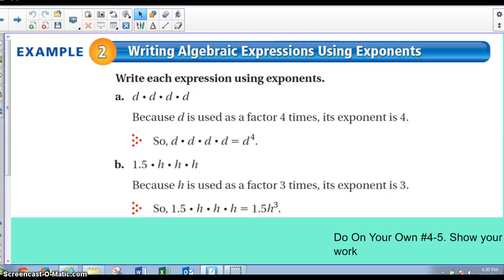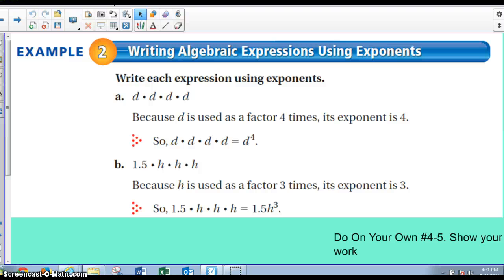So d times d times d times d equals d to the 4th power. It is not d times 4. In this case, it's d multiplied by d, multiplied by another d, multiplied by another d. So d to the 4th power tells you to list all those d's out.